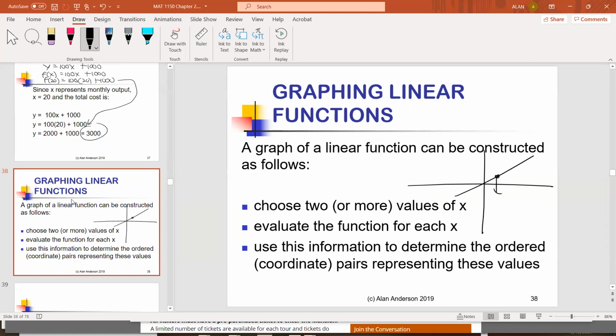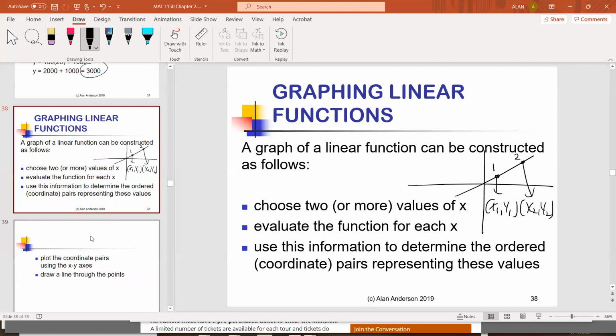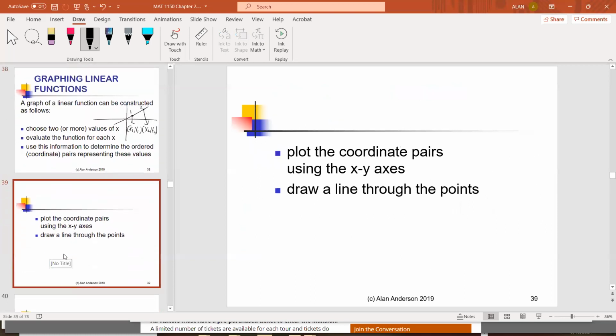X1, Y1, and X2, Y2. And so we can pick any 2 points that we choose. Okay, so once we know what they are, in other words, we're choosing the x's, the function determines the values of the y's. And then, well, we can draw them.